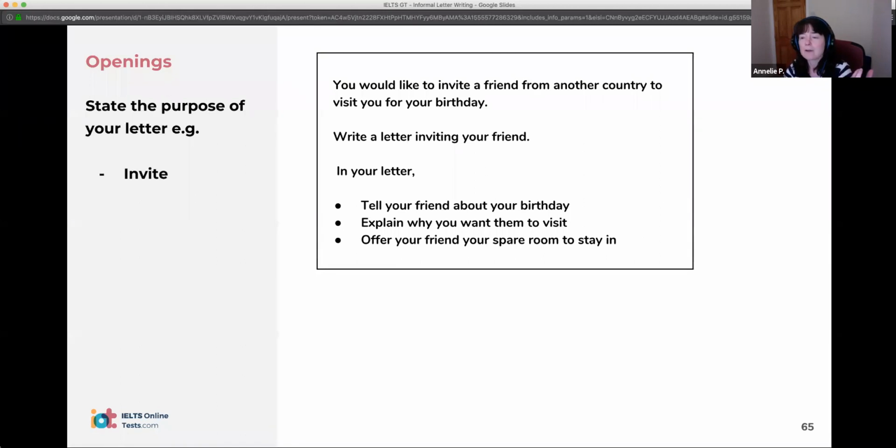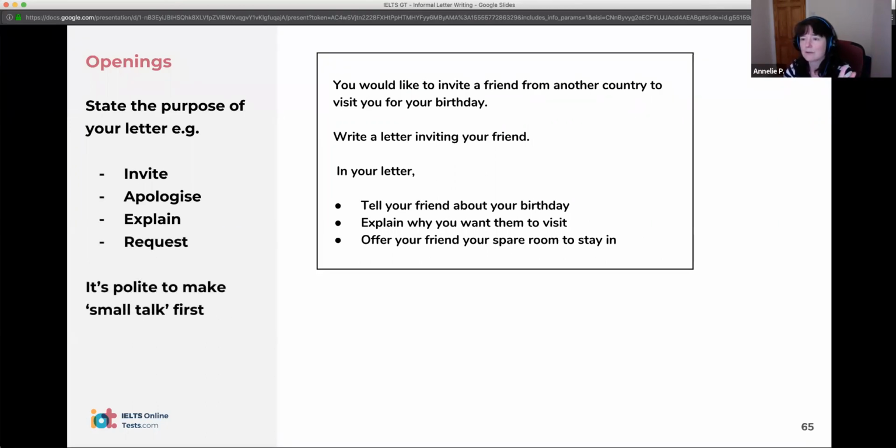So remember that we looked at some of the purposes before. You might be inviting, you might be apologizing. There's a few different things that you can be doing. And because it's a letter to a friend, you don't want to just have a very cold opening. You need to have something quite warm. So you just have a little bit of what we call small talk or chit chat at the beginning, which is maybe like you haven't seen them for a long time or something like that.